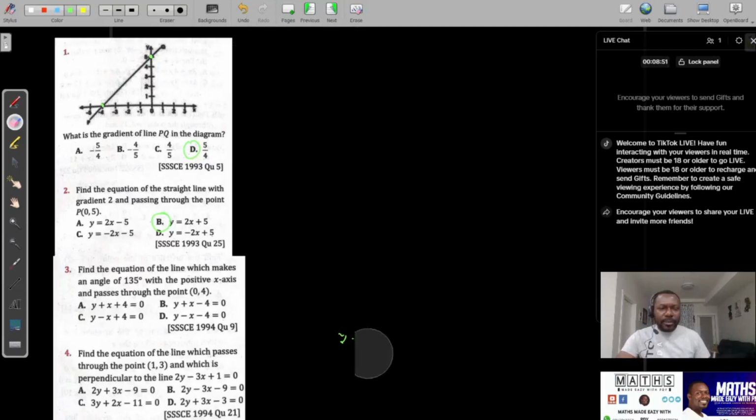Now, what is question 3 requesting us to do? Question 3 says to find the equation of the line which makes an angle of 135 degrees with the positive x-axis and passes through the point (0, 4).